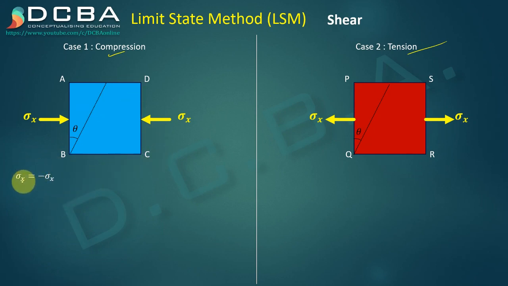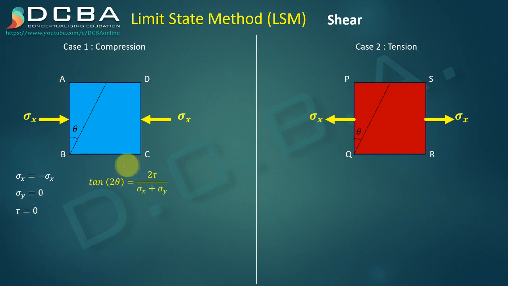For the compression case, sigma x is minus sigma x, okay, because it is compressing. We will assume that compression is negative and tension is positive. So sigma x I am taking as minus sigma x. Sigma y is 0. Transverse shear is 0.